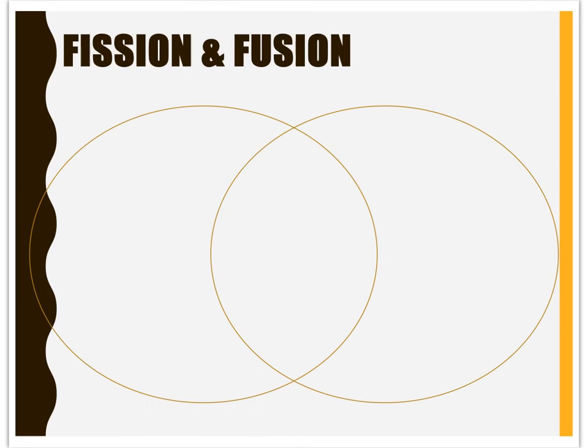So to compare and contrast these, just very quickly, fission and fusion both are a type of artificial transmutation. They both have a very high energy yield. Fission is splitting, fusion is uniting.